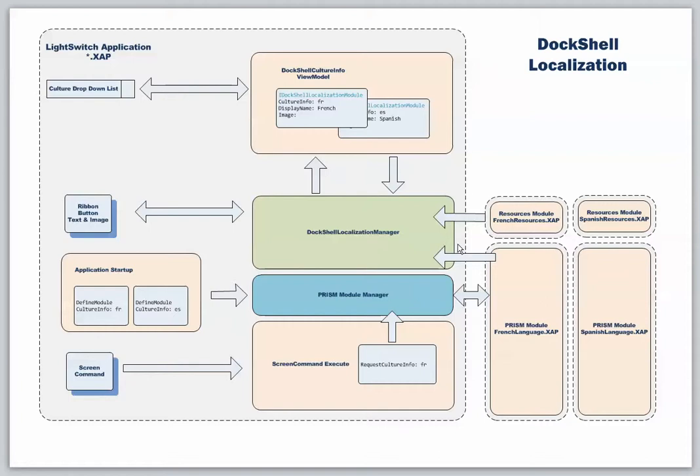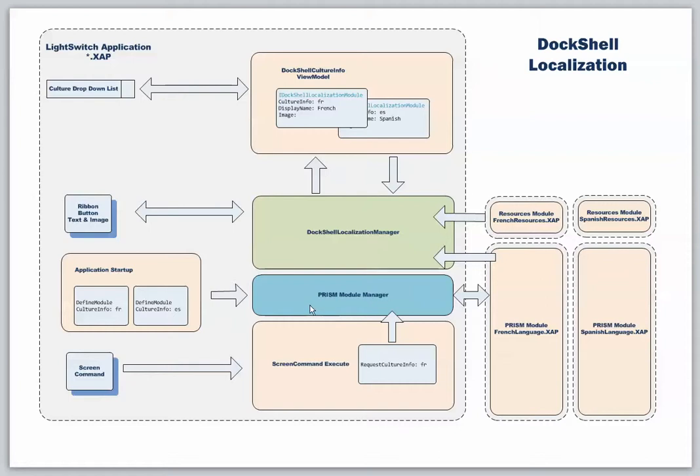Well, as we look at this diagram here, we can see that we have this outer border, which represents our core LightSwitch application. And since we're leveraging the DockShell framework, we actually have the advantage of Prism. In particular, this aspect of Prism is known as the Prism Module Manager that we'll be leveraging today.